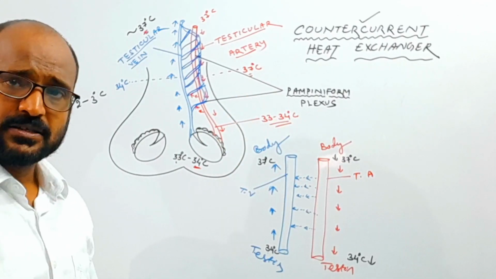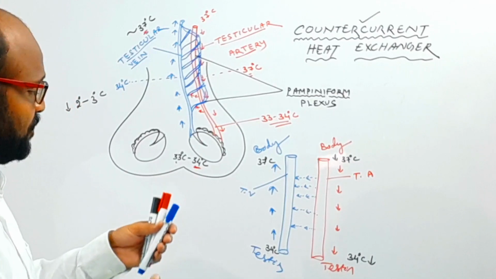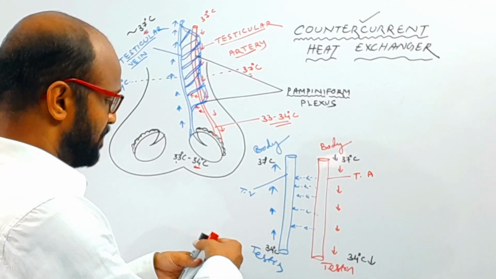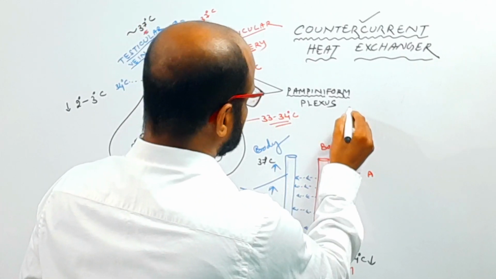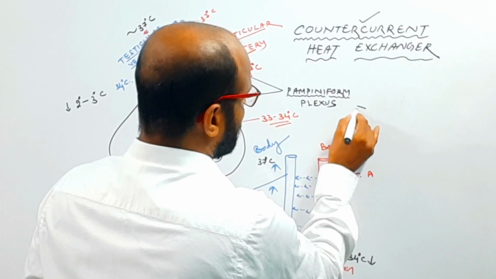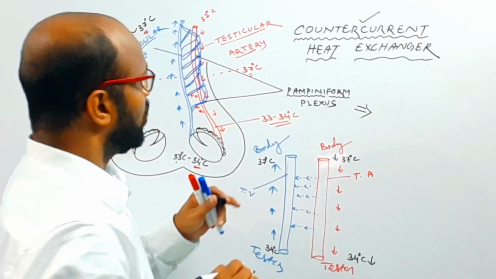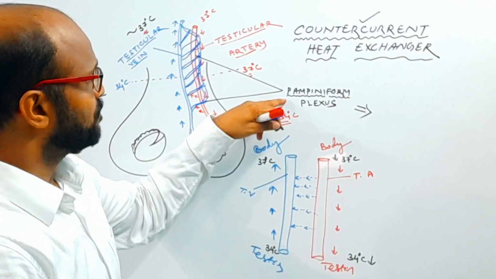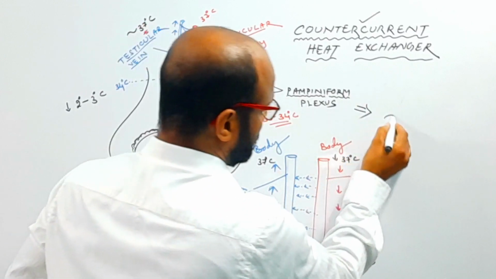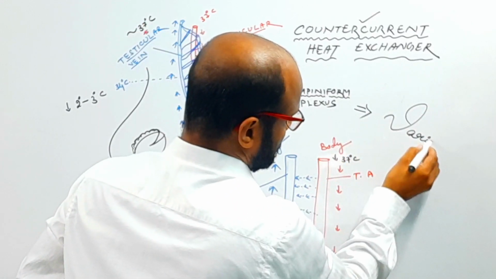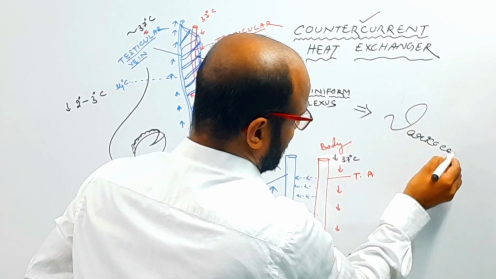The abnormal enlargement of the pampiniform plexus, or of its veins, is known as varicocele.